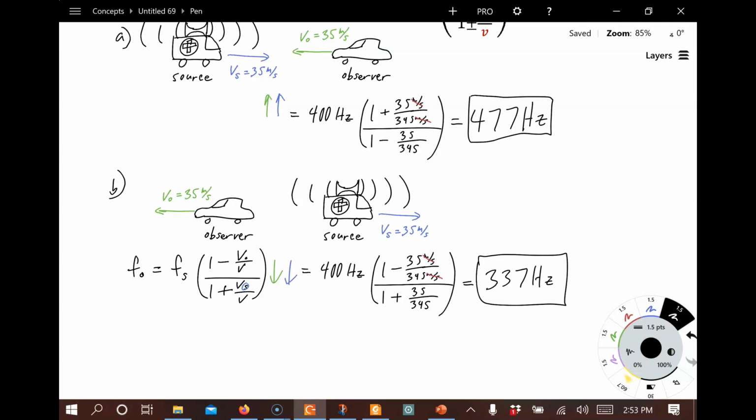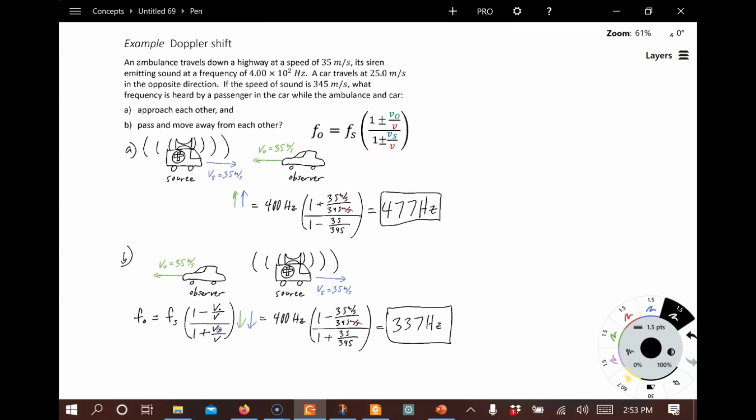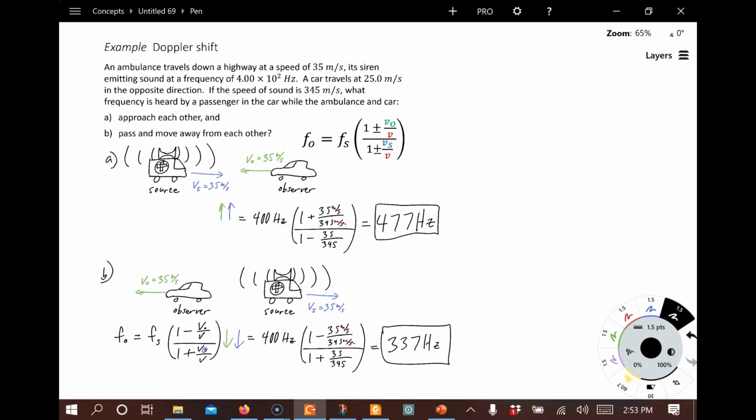Now it's possible to have a case where one of the parties contributes to an increase in the frequency while the other party contributes to a decrease. Such an example would be, say, if the ambulance were moving to the right as it is and the observer were chasing the ambulance. In that case, the observer is trying to catch up to the ambulance.